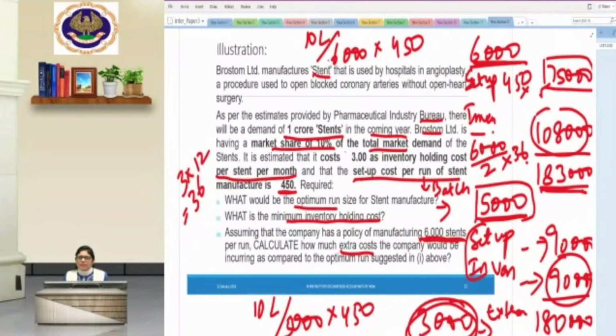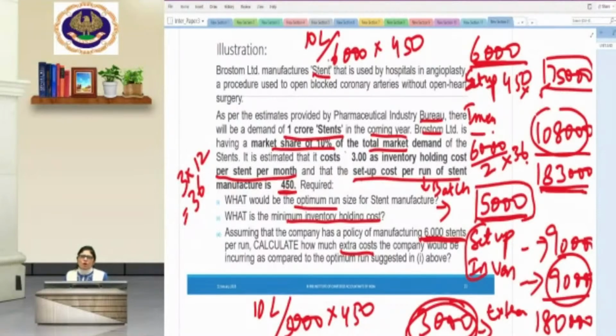I'm repeating, whenever questions like this come, you should always calculate the total cost, inventory cost and setup cost, and then compare. Don't compare with only the holding cost. Clear?